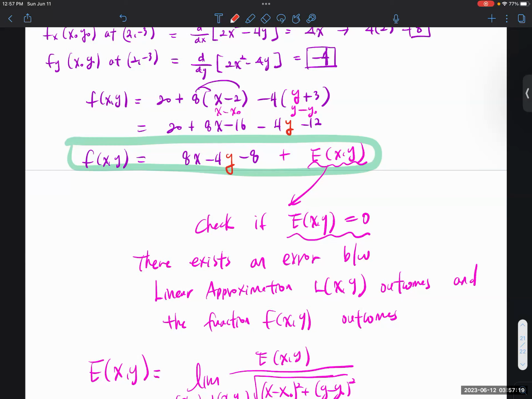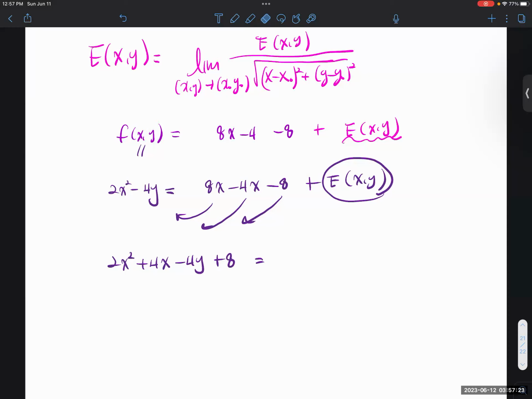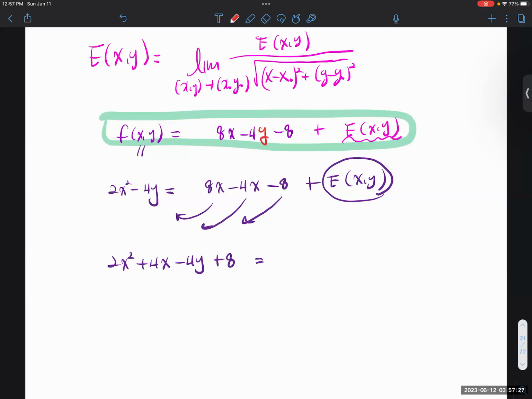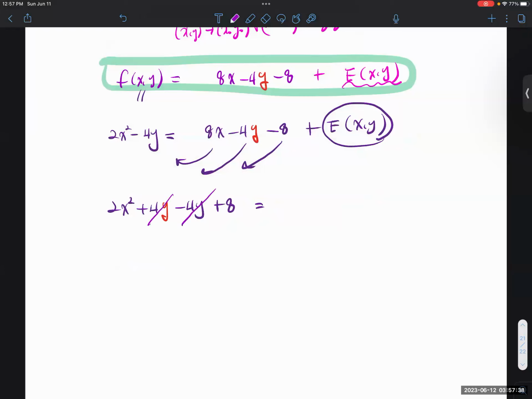Yeah, negative 8. Sorry about that. So I have to recalculate it. This one is y, so they're going to be canceled. So this is going to be the error E, 2x squared plus 8. That's going to be your error.